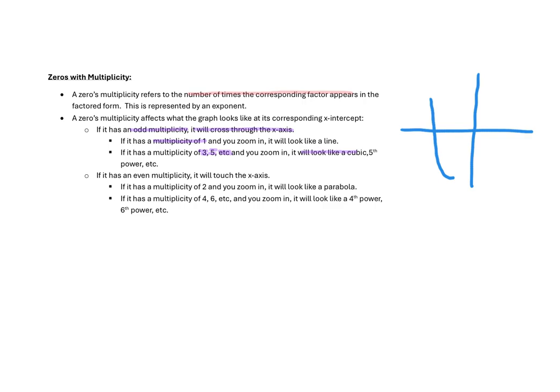On the other hand, remember that our cubic and our fifth power and all the other ones, when we talked about the basic ones, what they had a tendency to do is they came in, they got shallow, and then they took off again. And so if you have something that looks like this, then it's going to be an odd multiplicity, and it's going to be more than 1.